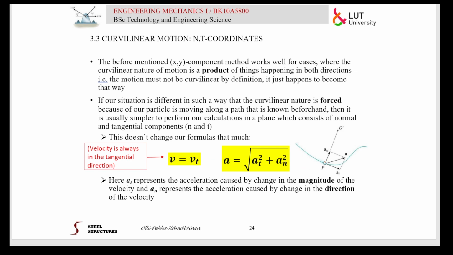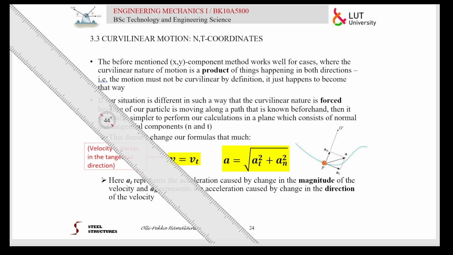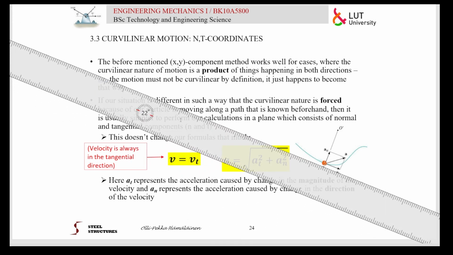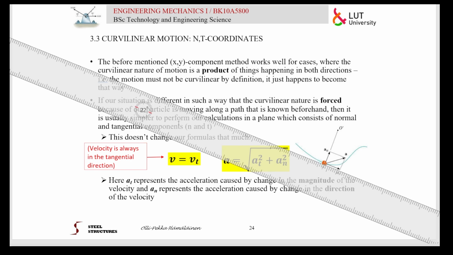So let's put it this way. If I have a particle moving on a circular or curvilinear path, something like this, I know that velocity is always going to be tangential to the path, meaning that I could draw a line like this, as tangential as possible.